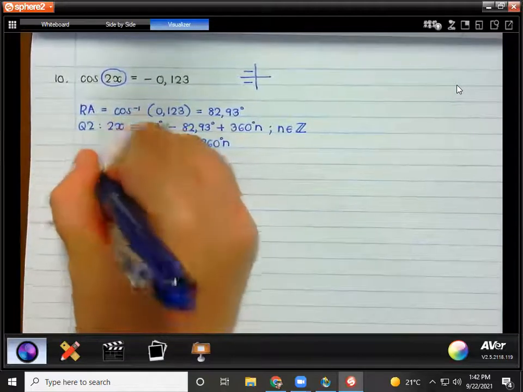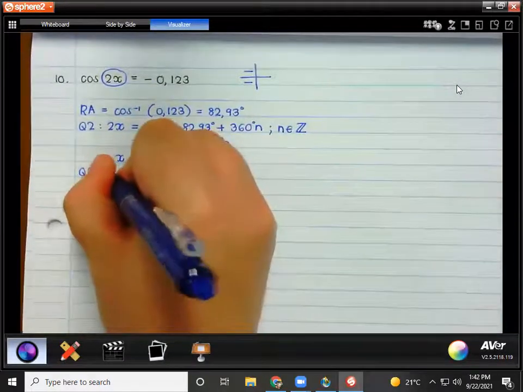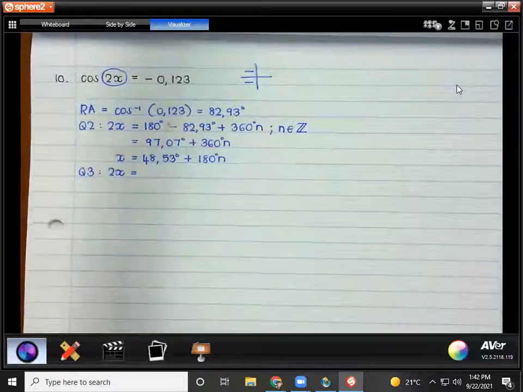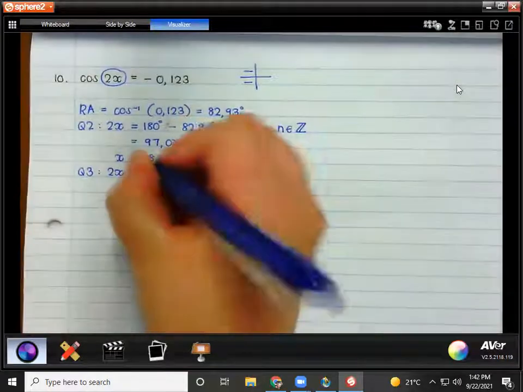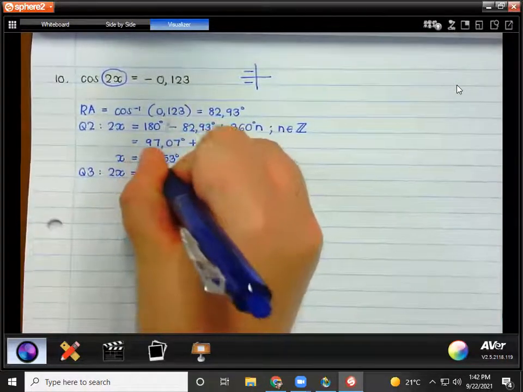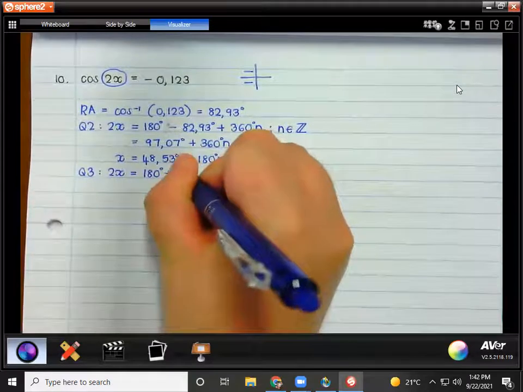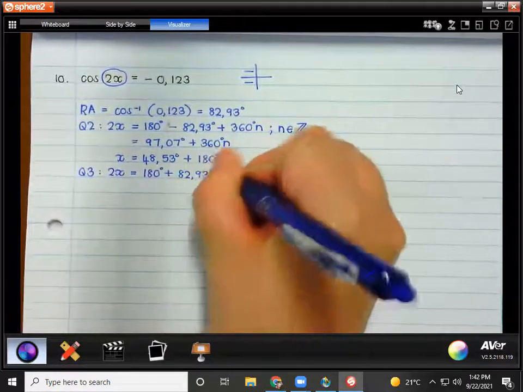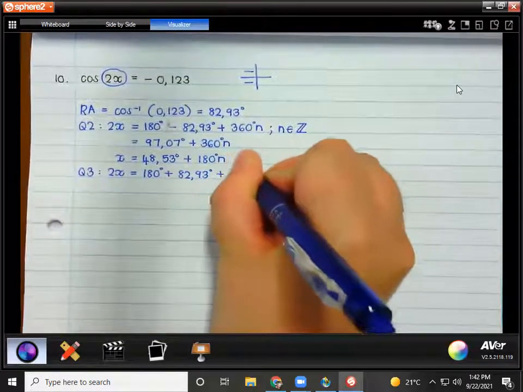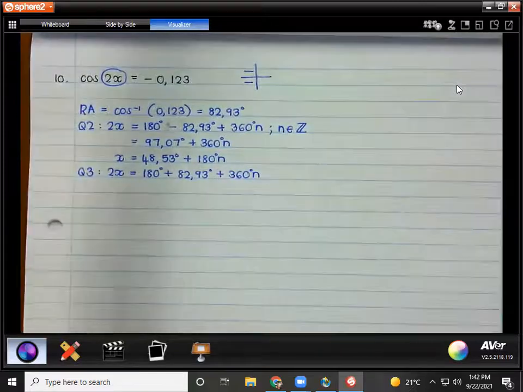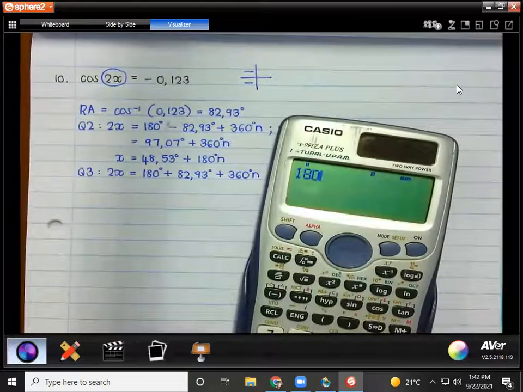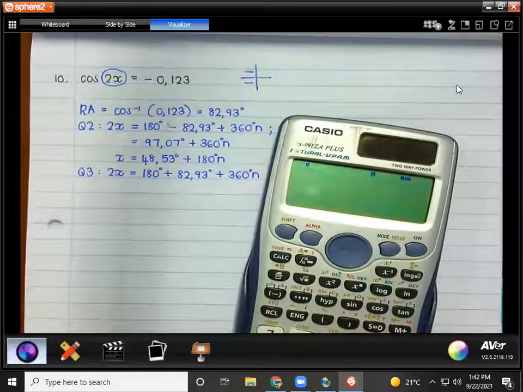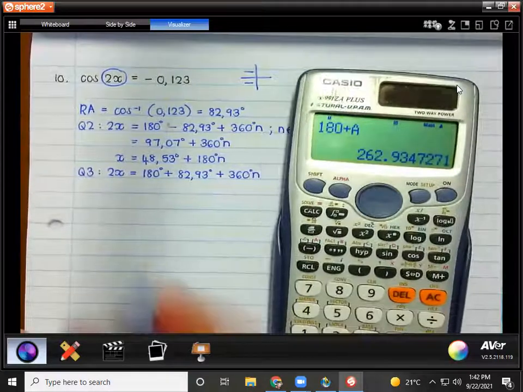We still have to do one for quadrant 3. Again, the angle was 2x. We have to write 2x. Quadrant 3, we do 180 plus that reference angle, which I saved as A in the calculator. So I'm going to use that again. Immediately, I do my plus 360n in. Just going to calculate that quickly: 180 plus A is 262.